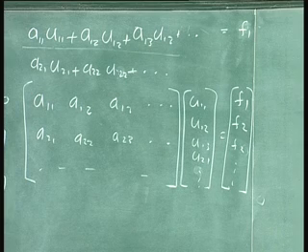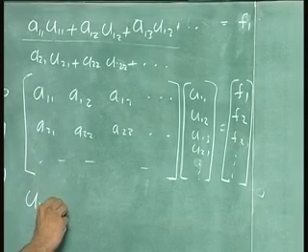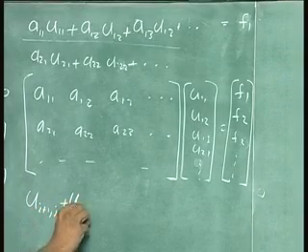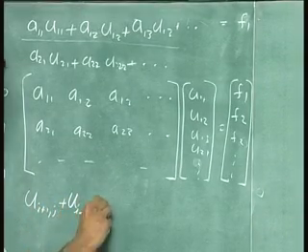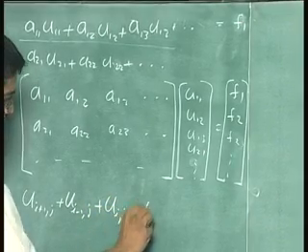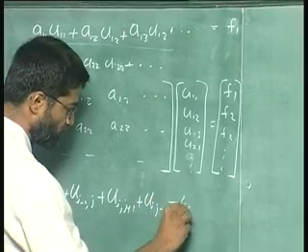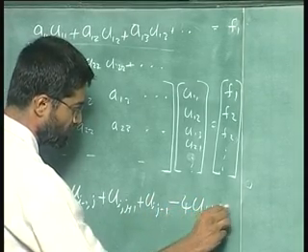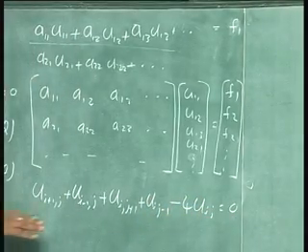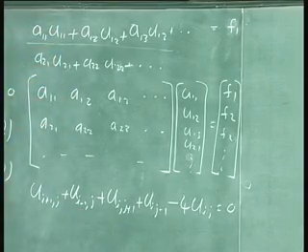That is to say, we had this equation: u(i+1,j) plus u(i-1,j) plus u(i,j+1) plus u(i,j-1) minus 4u(i,j) equal to 0. So that's the equation we had. It is from here that we have written all these forms.